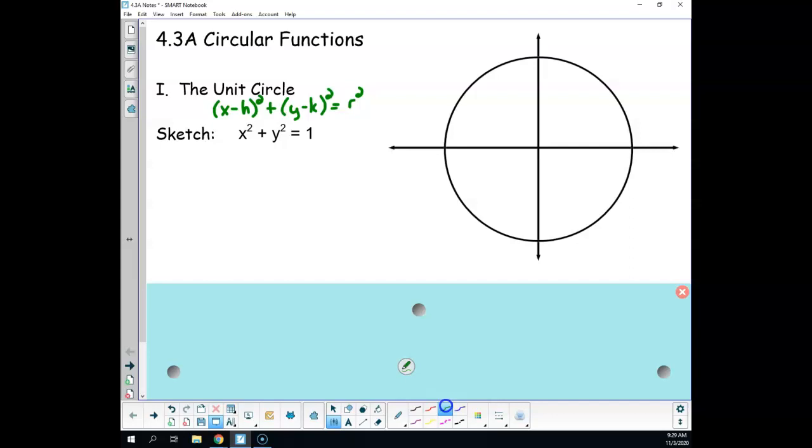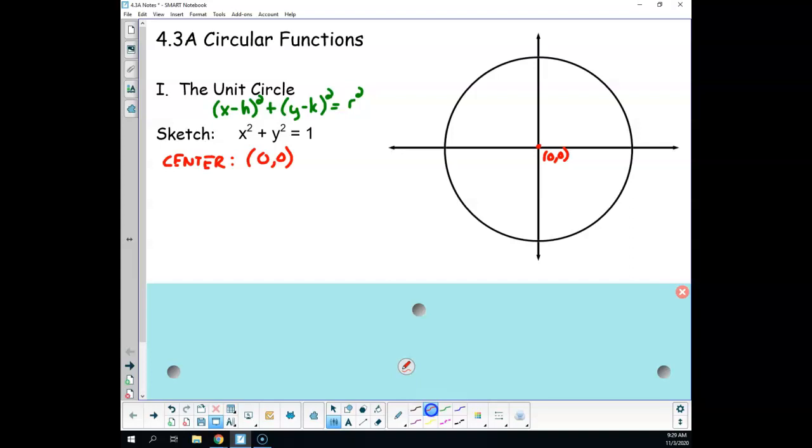So the equation of the circle that you just drew is x squared plus y squared equals 1. And that tells us a couple of things. The first thing is that our center is at the origin, right there at (0, 0).